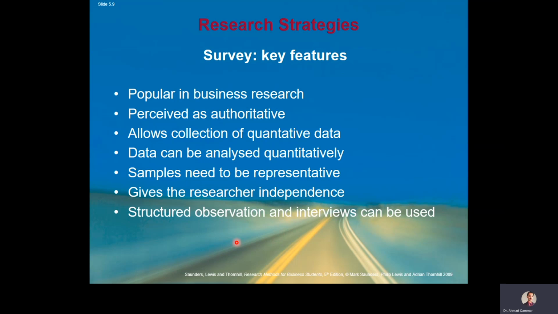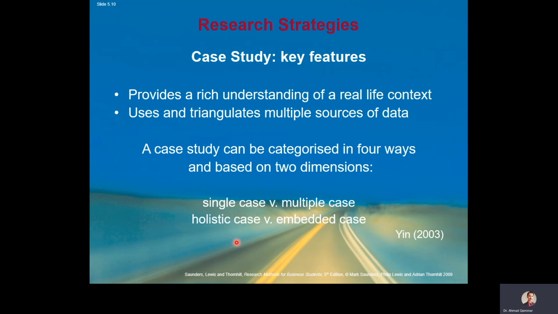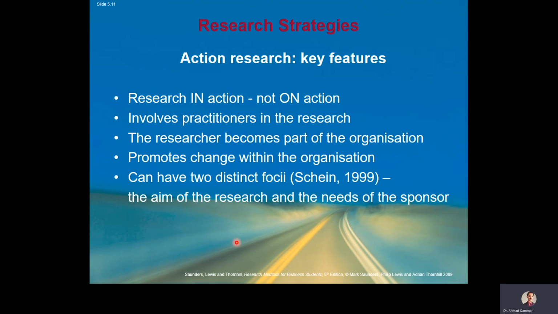Out of theory, we deduce hypotheses, right? We talked about deductive approaches, in which we extract hypotheses from the theory, and then based on the hypotheses, we make a questionnaire, float a questionnaire, collect data, and then we analyze the findings, right?